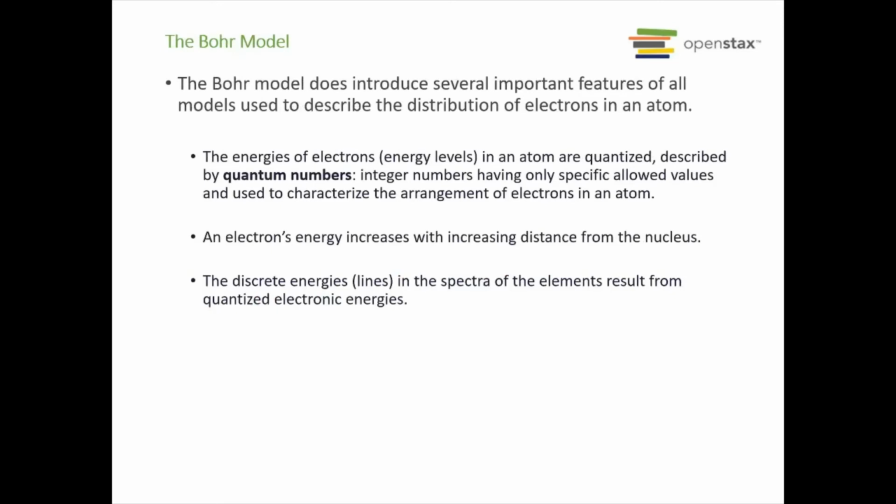But one thing that the Bohr model does do that is very important is it introduces us to the thought that the energies of electrons, or energy levels, are quantized, described by quantum numbers. So these integer numbers have only specific allowed values to characterize how the electrons are arranged in an atom.